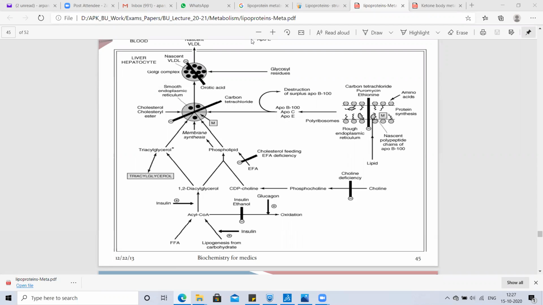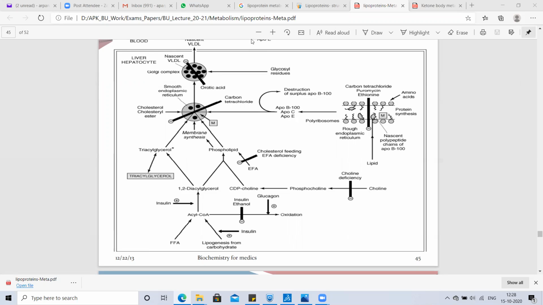From the bottom of this slide, you can see insulin can positively influence lipogenesis, and glucagon diverts the acetyl coenzyme A, generated through lipogenesis, for further oxidation. Under the influence of insulin, acetyl coenzyme A is converted into 1,2-diacylglycerol, and this is converted into triacylglycerol, and they also are involved in the formation of phospholipids.